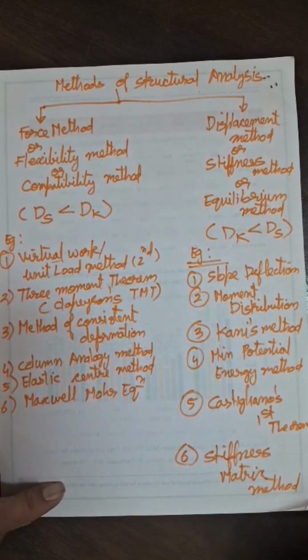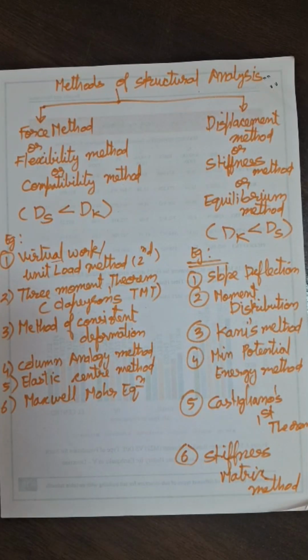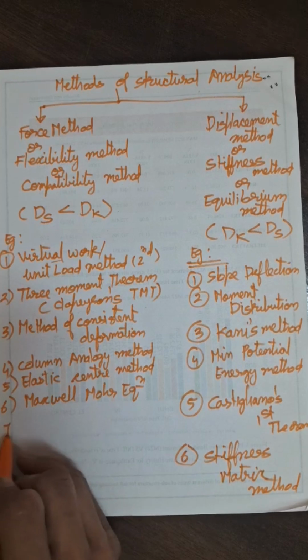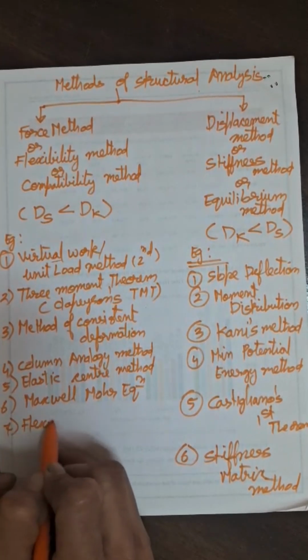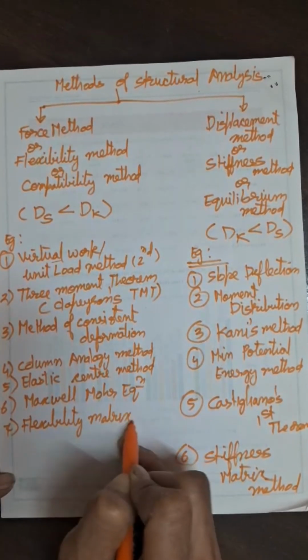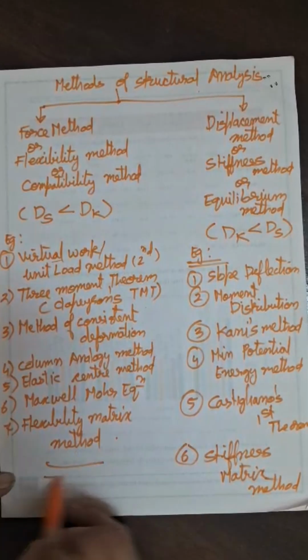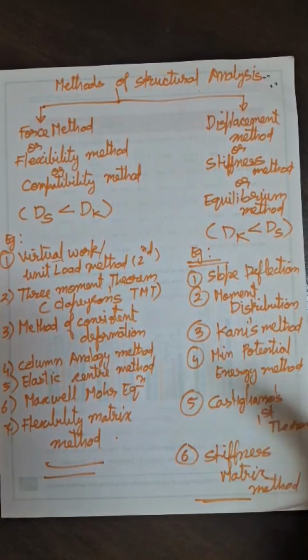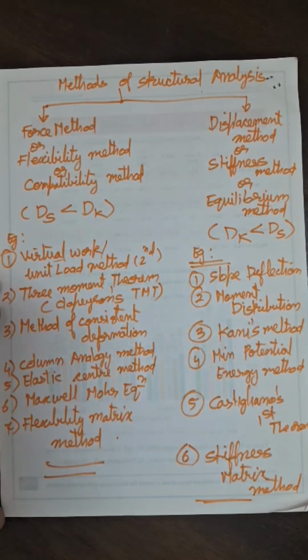Okay, we all know stiffness matrix method also. Here also you can add flexibility matrix, which I am just adding here, flexibility matrix method. So this is just one classification where you should know the different types of methods available for structural analysis. Thank you very much.